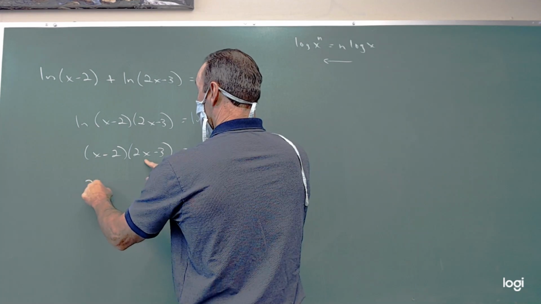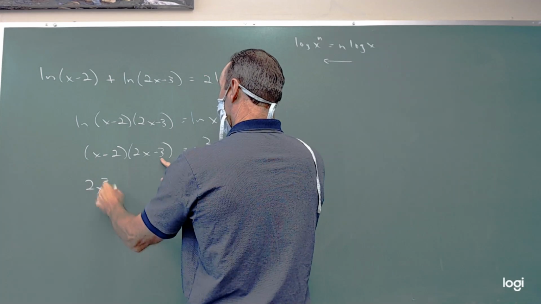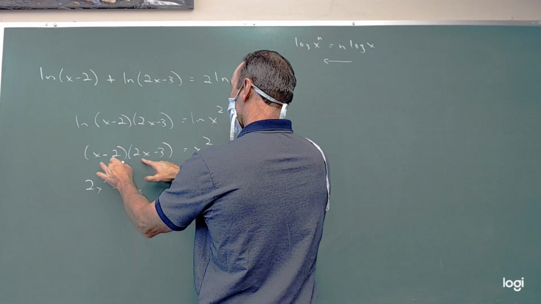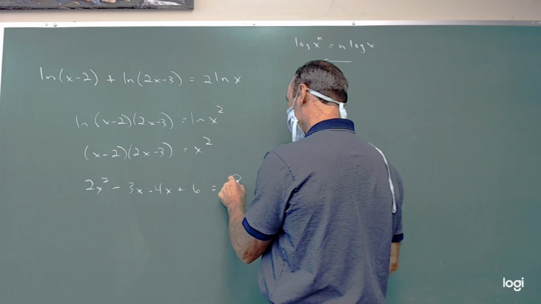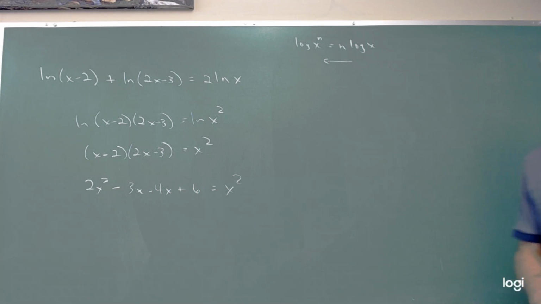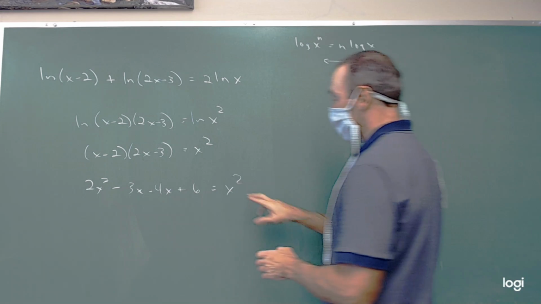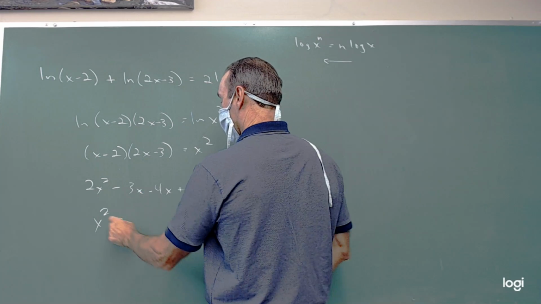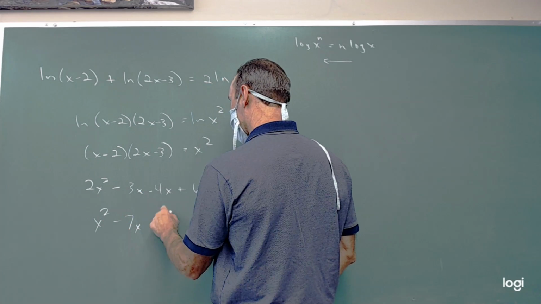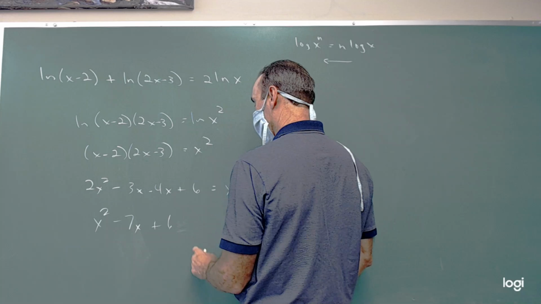So 2x squared, minus 3x, minus 4x, plus 6, still equal to x squared. You can subtract that x squared from the 2x squared and combine the minus 3x and the minus 4x.